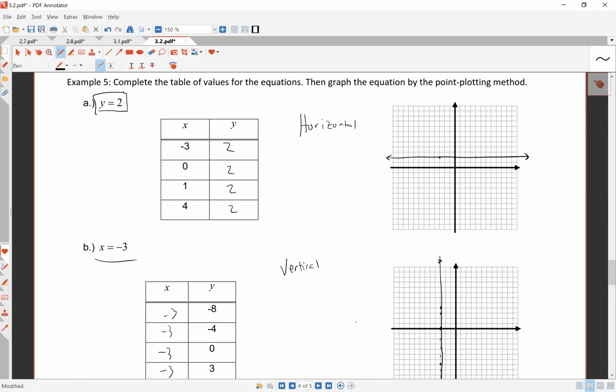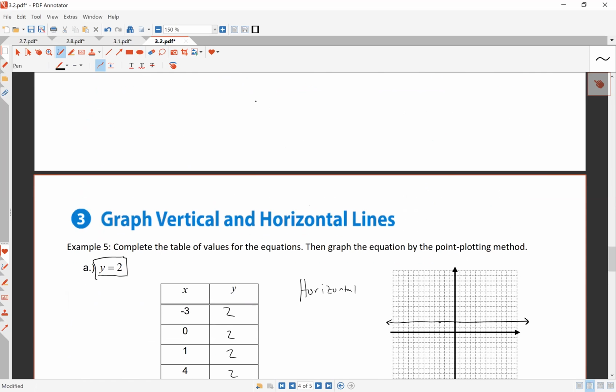Now be very careful though, because when you graph, say, y equals a number times x, that's not a horizontal or vertical line. That's a line that goes through 0, 0, 1, 3, 2, 6. That has a slant to it.